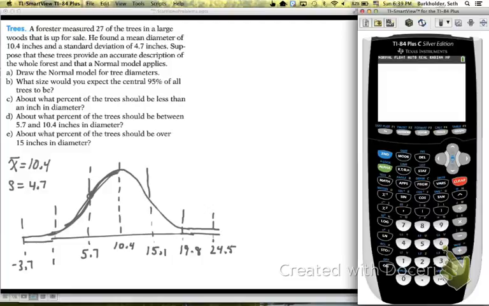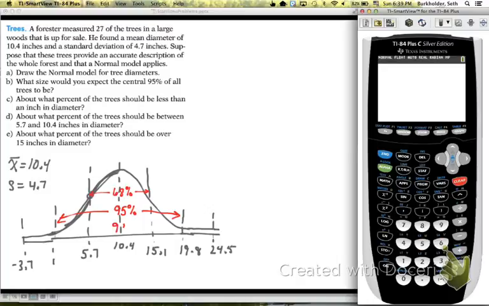We can now go ahead and add in the empirical rule and show what that tells us. We know that 68% of our data values are going to be between 5.7 and 15.1. We know that 95% of our values are going to be between 19.8 and 1 inch.